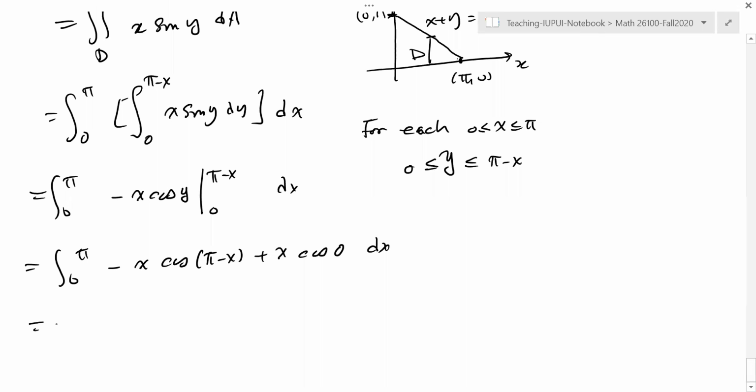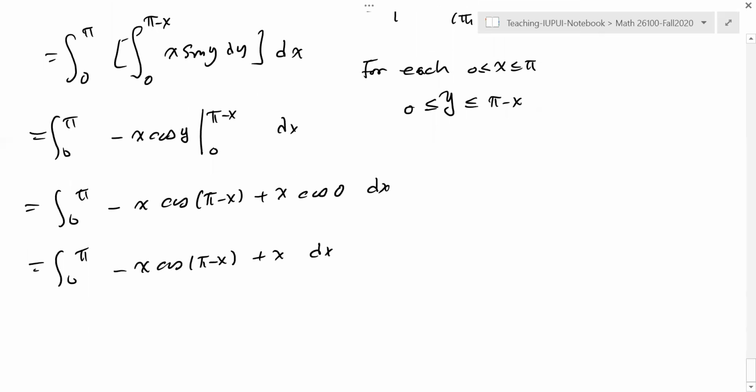This is a little bit more complicated than I thought. And plus x. Now cosine of pi minus x is going to be negative cosine x. I hope you remember that. When x is small, cosine of pi minus x is a negative number.